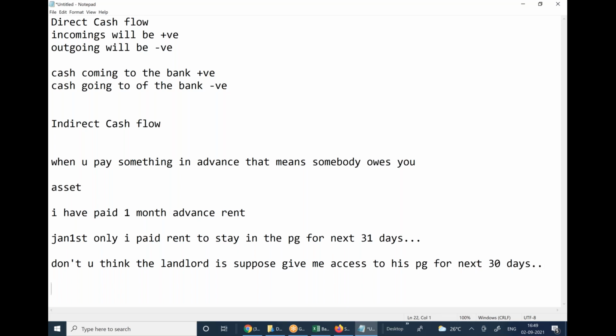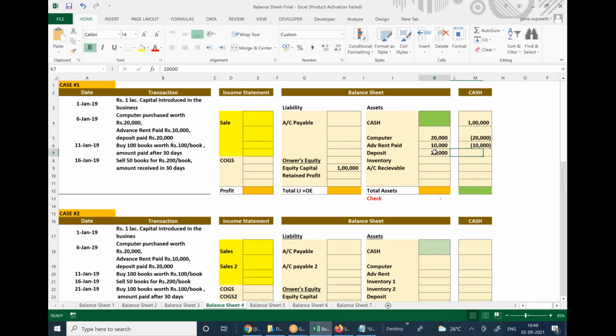He owes me until 30 days because I've paid well in advance. That is why it is an asset. Even the deposit, which I know I will get back in future because I have paid it in advance. That is why it is an asset, and we are recording it under the balance sheet assets. Obviously, it has come out of my pocket, 20,000.